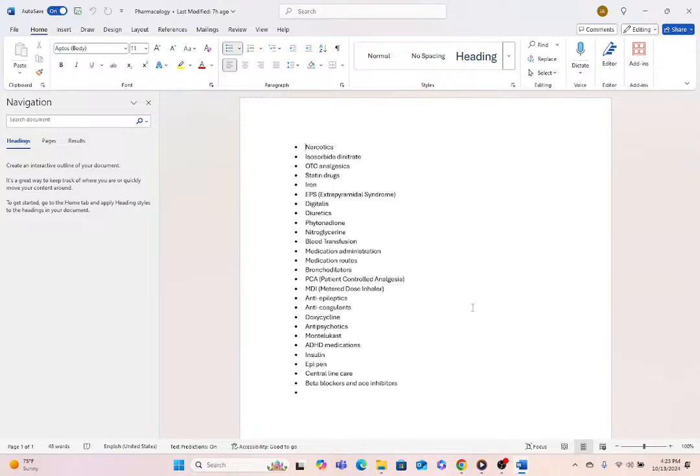AIDS? Yes, someone who's immunocompromised. Someone who's immunocompromised should not get it because they don't have an intact immune system. So that means that immunization is not going to be healthy for them, because your immune system cannot react to it. Okay? So take note of that.